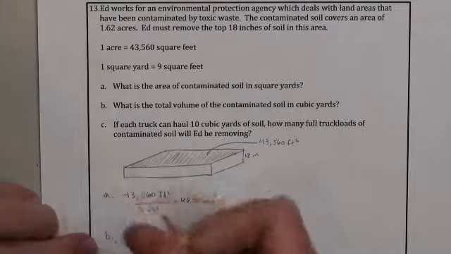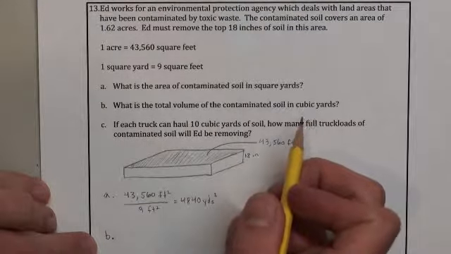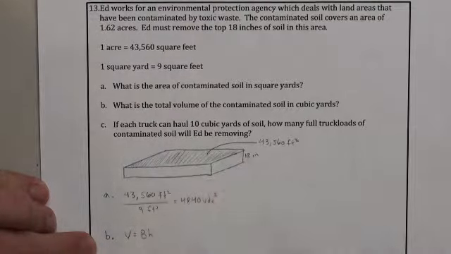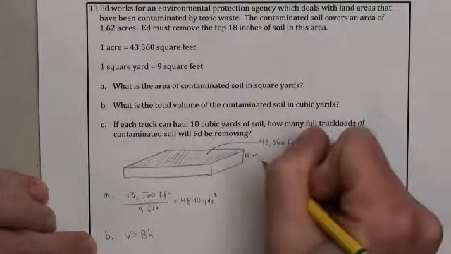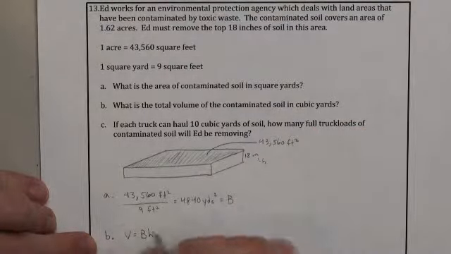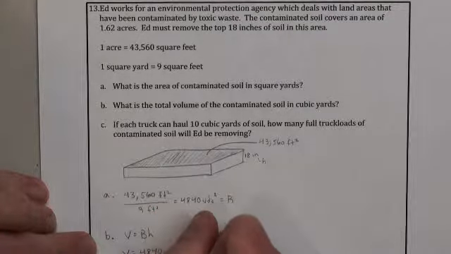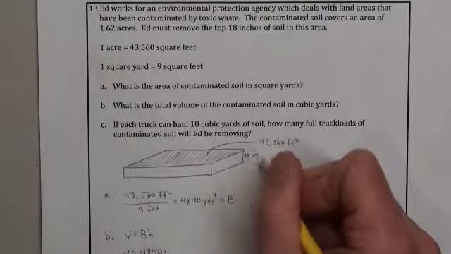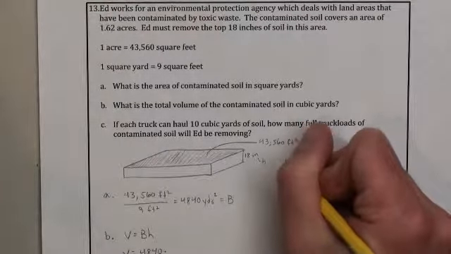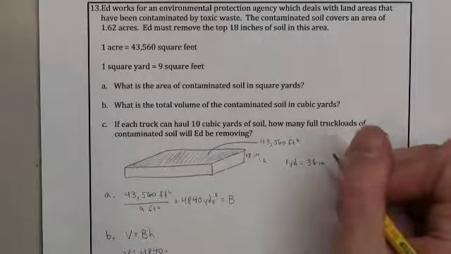Part B. What is the total volume of contaminated soil in cubic yards? So remember, volume is B times H. Now this time the 18 inches is my H and my B is this 4840. So volume equals 4840 times, but I have to convert 18 inches into yards. 1 yard is 36 inches.